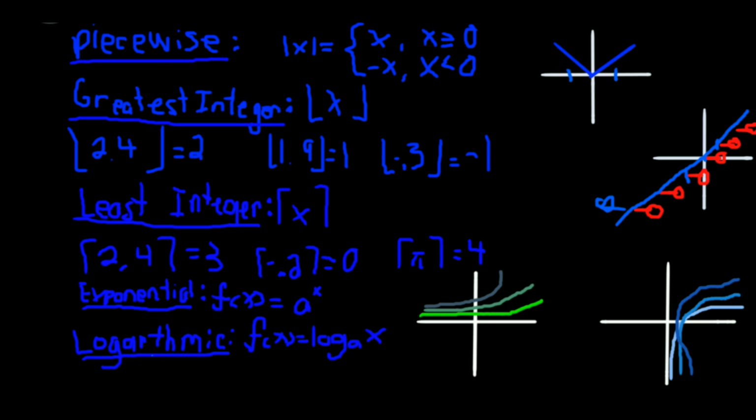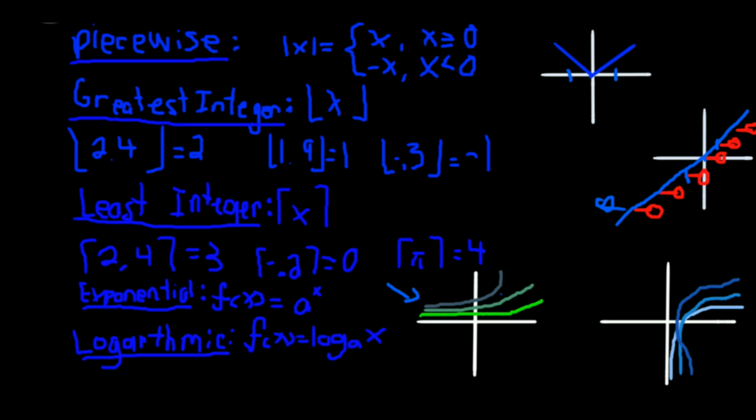Last but not least, we have the exponential and logarithmic functions. For exponential, we have f of x is equal to some constant a to the x power. I drew that's this first one here. We have, in this bright lime green, 2 to the x, and you can see that it increases at a much slower rate than our other examples here.